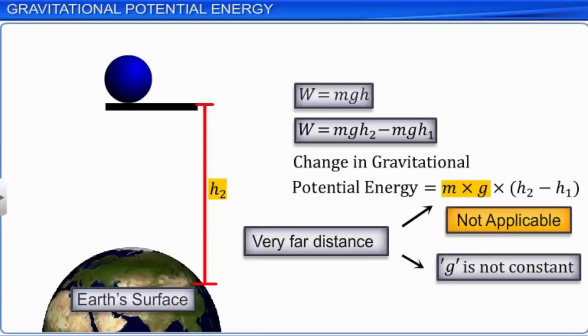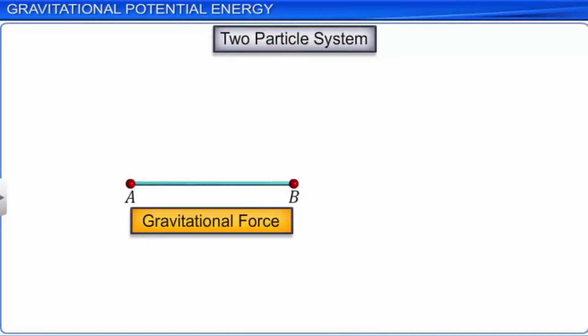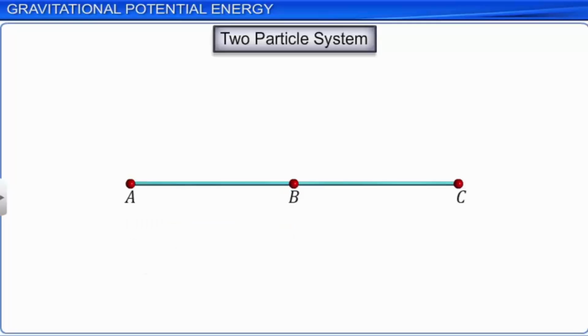To understand the concept of change in gravitational potential energy of a two-particle system, we use the gravitational force between the two and the concept of integral calculus. Now, consider a particle of mass m1 placed at a fixed position A and another of mass m2 moved from position B to C as shown.